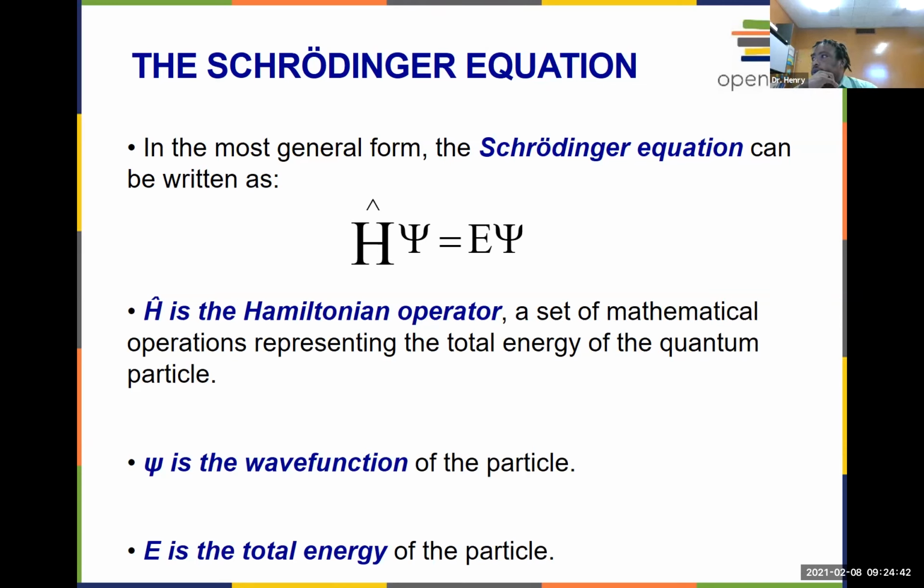The Hamiltonian operator times the wave function is going to equal the total energy times the wave function. So basically, energy is just a function of the Hamiltonian operators. Okay.